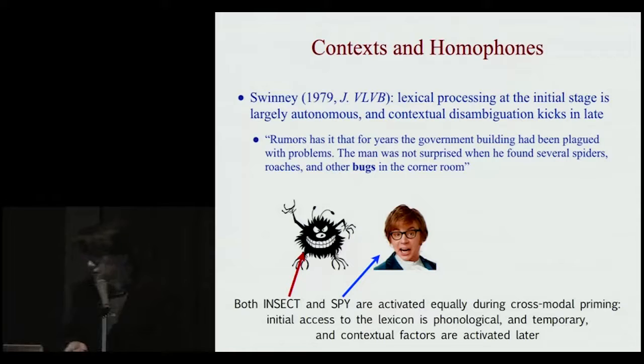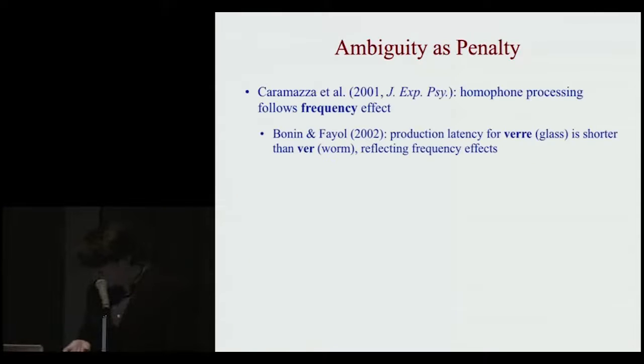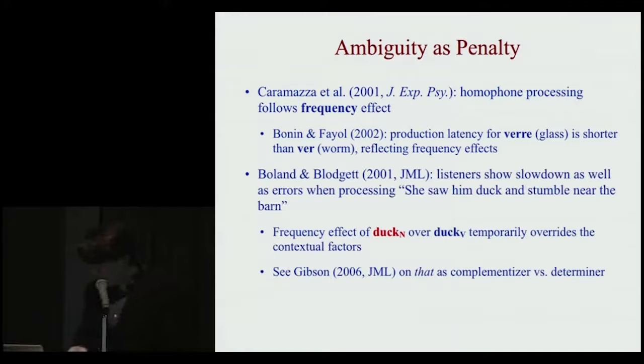And some of the more direct evidence comes from more recent work. I won't go through all the details there, but here's a particularly important one. Listeners show slowdown as well as errors when they process sentences like, she saw him duck and stumble near the barn. Well, this is very interesting because there are two ducks, right? One is the noun form of duck, the other is the verb form. Duck being a noun is much more frequent than duck being a verb.